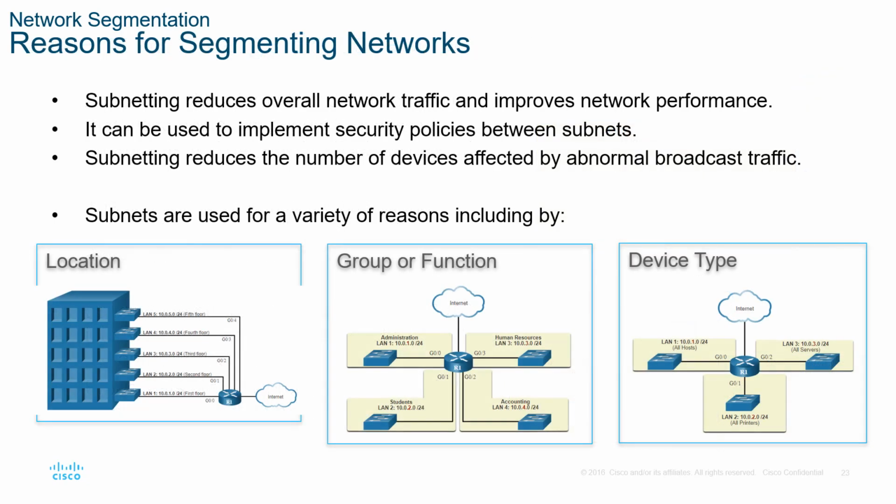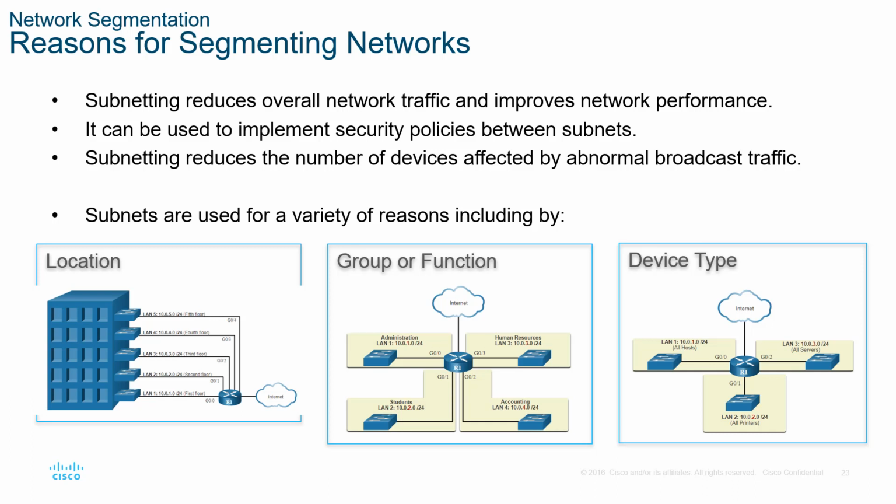This is physical segmentation. So you'll see that each network is a physical segmentation. But in reality, we don't do this physically. Again, the purpose is so that we can reduce the overall network traffic, we can improve performance, we can improve security, and we can look at traffic behavior, things of that nature.